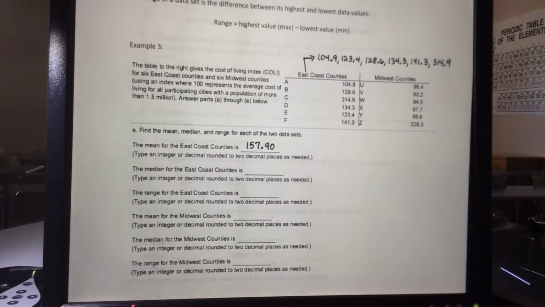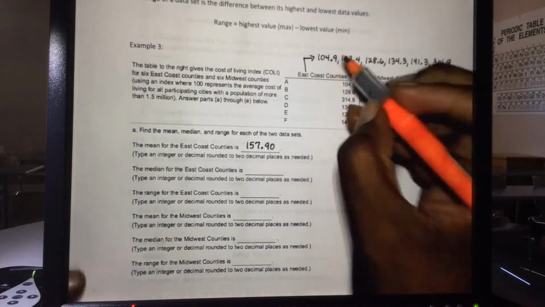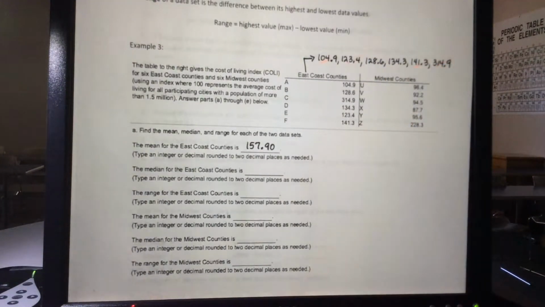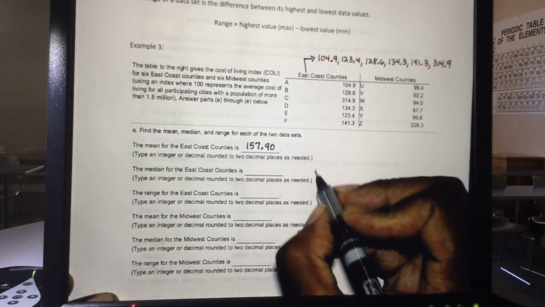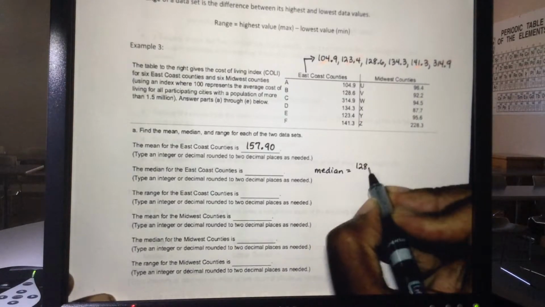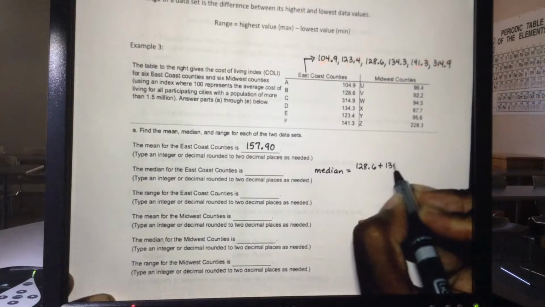Now the median is going to be the middle number. If I cross out the first and the last, then the first and the last, notice I got 2 middle numbers, 128.6 and 134.3. The median will be the average of the 2 middle numbers, so I had to do this. I take 128.6, add 134.3.